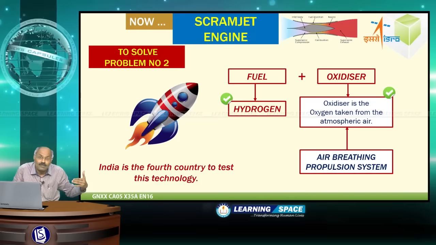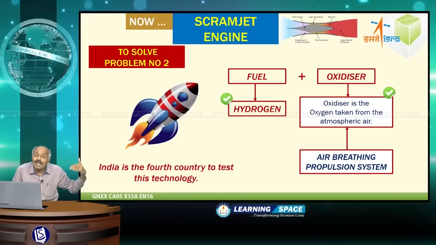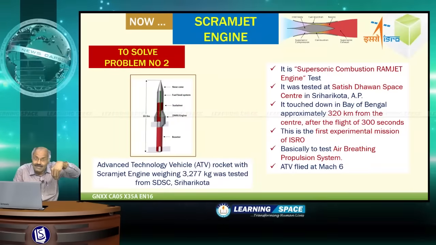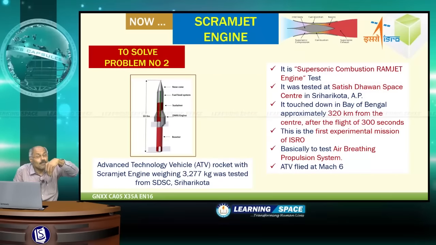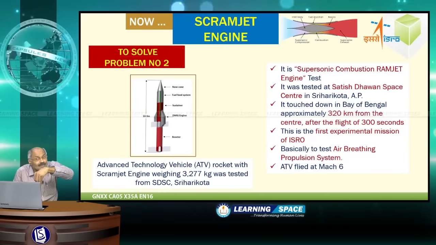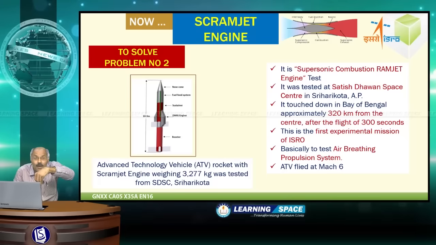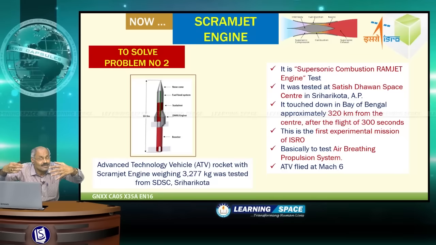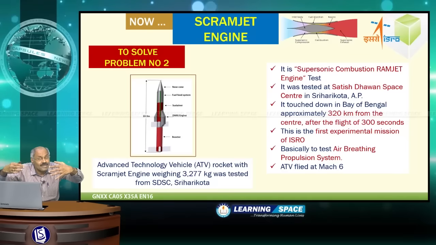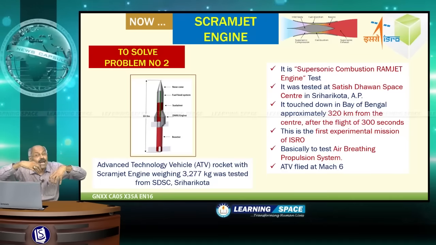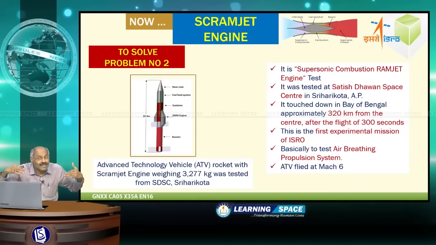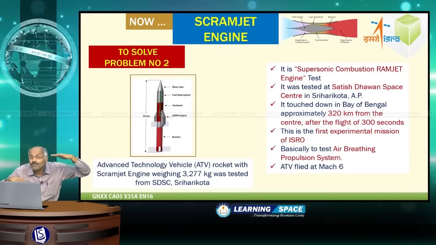So, this technology was tested recently, and the name is SCRAMJET engine test. SCRAMJET engine means supersonic combustion ramjet engine. In ramjet engines, there is combustion, or burning of fuel with the help of oxidizer. Please don't forget, combustion means burning of fuel with the help of oxidizer. And ramjet engines are effective only up to Mach number 4.